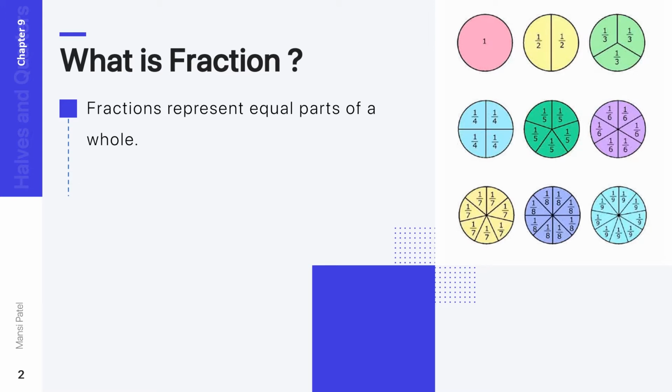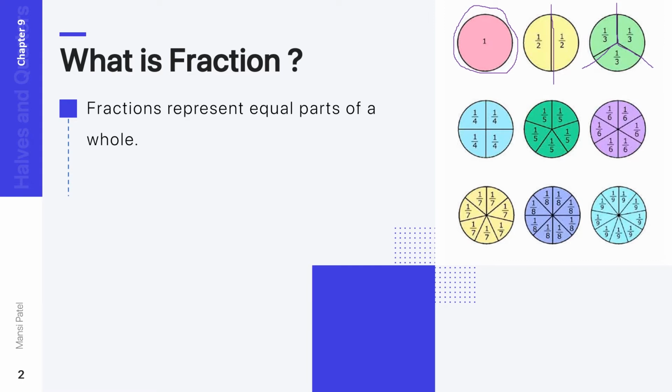you can see here, this is one whole figure. Now in the second figure, you just see this whole figure divided into two equal parts. Now in the third figure, you can see this whole figure divided into three equal parts.